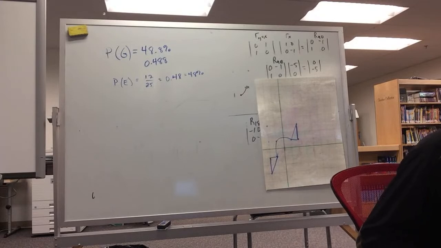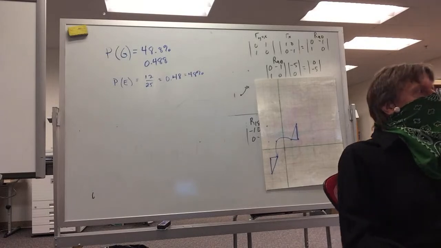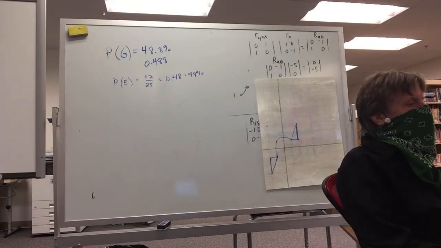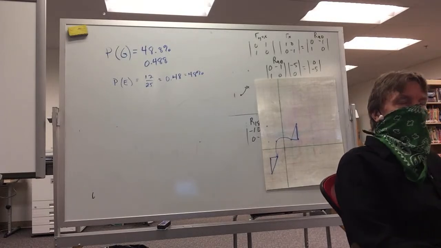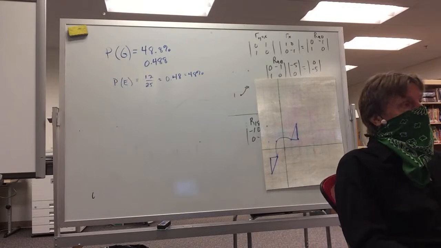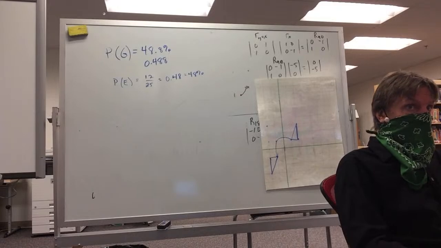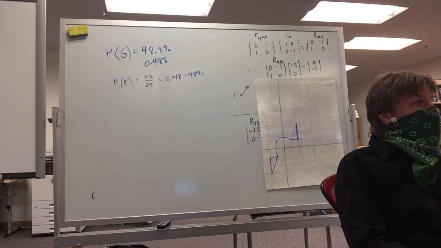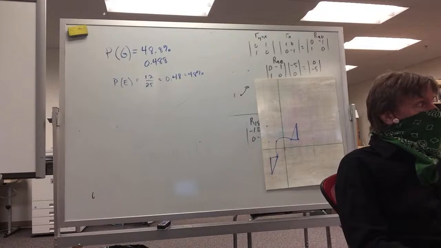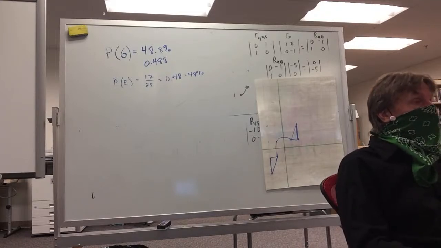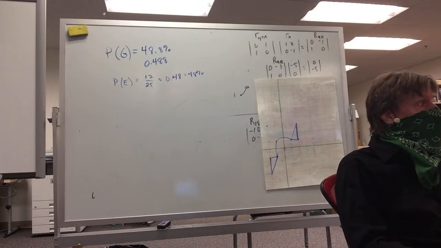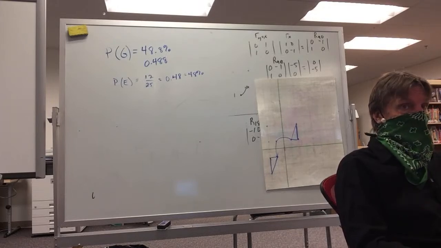What would be the probability that you were born on a weekday? 5 out of 7. What's the complement to that? 2 out of 7. Complementary events add up to 100%, or 1 whole. So there's a 2/7 chance you were born on a weekend, a 5/7 chance you were born on a weekday. They are complementary because they add up to 7/7.